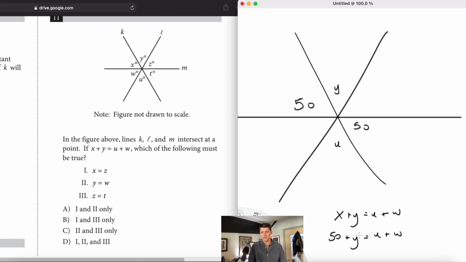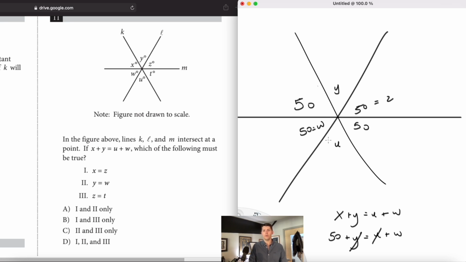So those are the same, which now means that 50 equals w, right? We crossed off the two things that were the same. And so if 50 equals w, here's a 50 here, and this is w. 50 equals w. And then 50 equals the z by that same logic here.